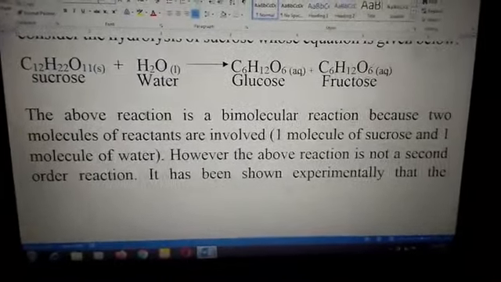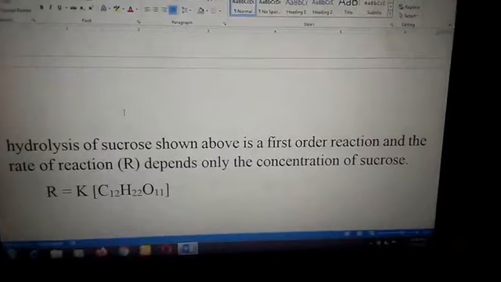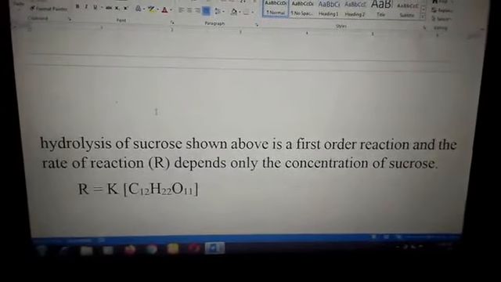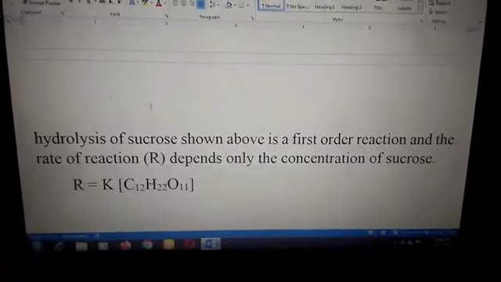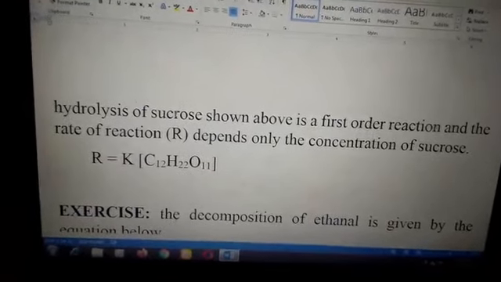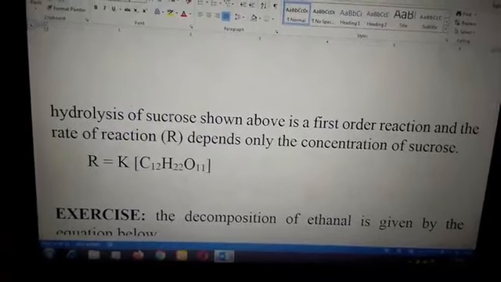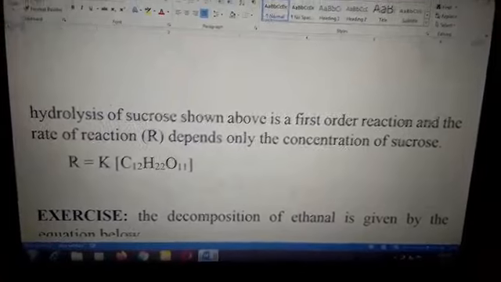It has been shown experimentally that the hydrolysis of sucrose shown above is a first order reaction, and the rate of reaction depends only on the concentration of sucrose. So the experimental rate equation for that reaction is rate equal to k multiplied by the concentration of sucrose, C12H22O11, raised to power 1.